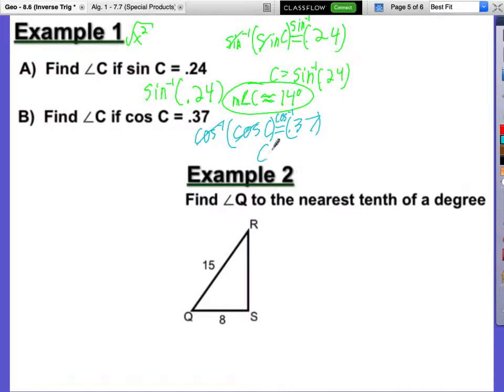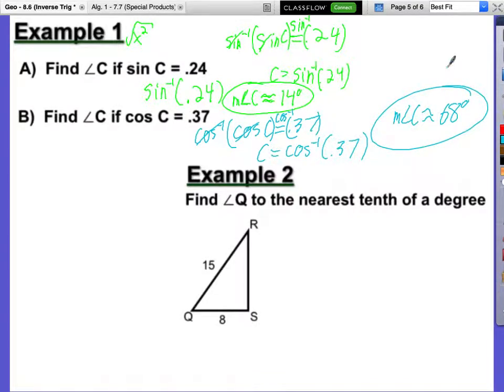So we get angle C is equal to the inverse cosine of 0.37. Second, cosine, 0.37, close parenthesis, and we get the measure of angle C to be approximately 68 degrees, to the nearest whole degree.